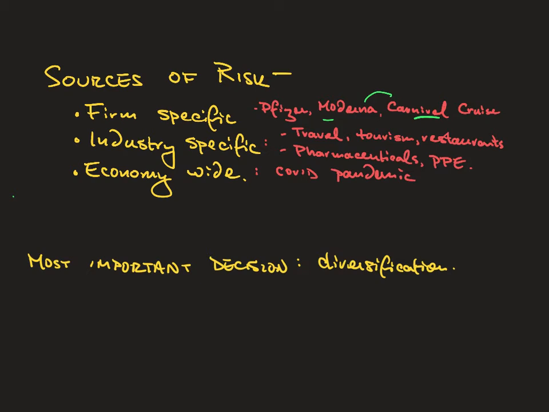Just going from purchasing shares in one firm to purchasing shares in two different firms, you average out the firm-specific risks.